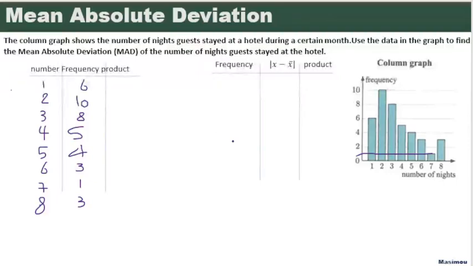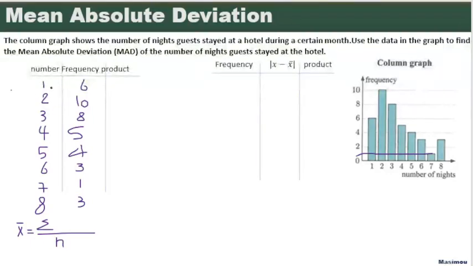Now, to find the mean of any data, I say the sum of all the data divided by the number of data.